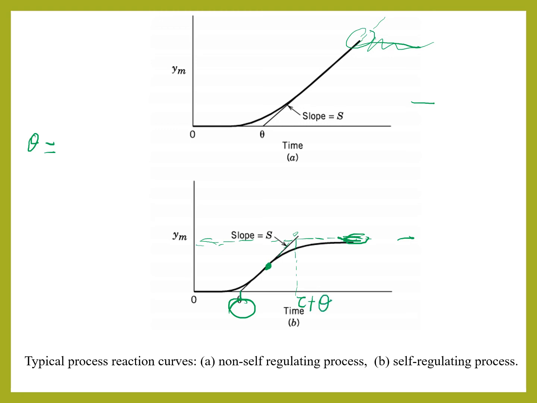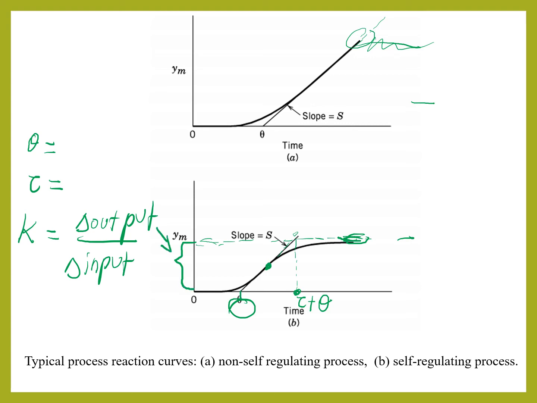So if you know the value here, you can get the value of your time constant, and you can also find the value of your gain. You know that gain is the change of output over the change of input. This difference is the change of your output, and the change of the input is usually given in the question.